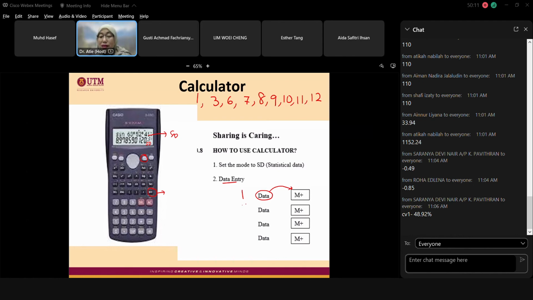You press 3, M plus, and then 6, M plus, until the last one, 12, M plus. Remember, if you miss one of the M plus, the calculator won't remember. It's like saying, I enter 1, and hey calculator, remember this data. 3, remember this data. If you don't press M plus, you don't ask the calculator to remember your data.